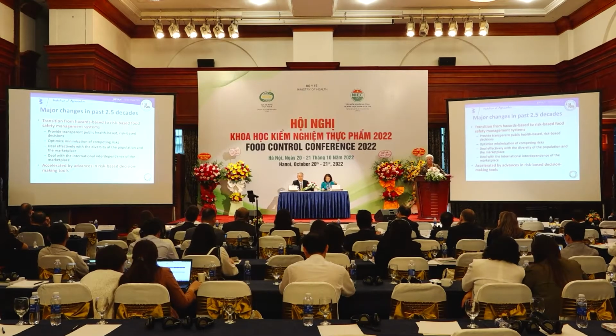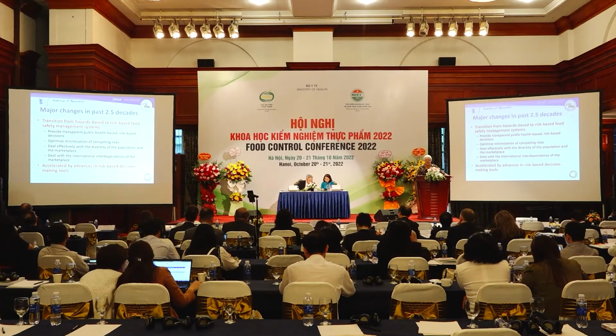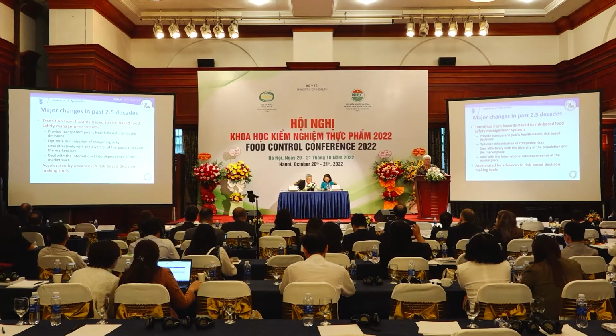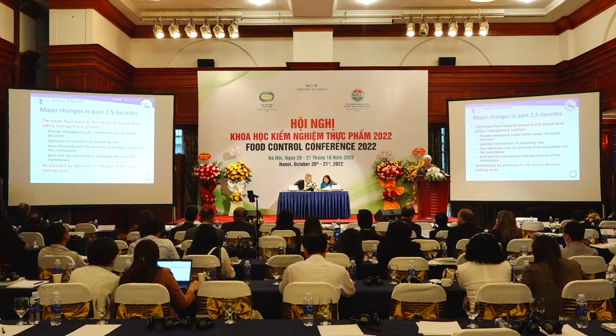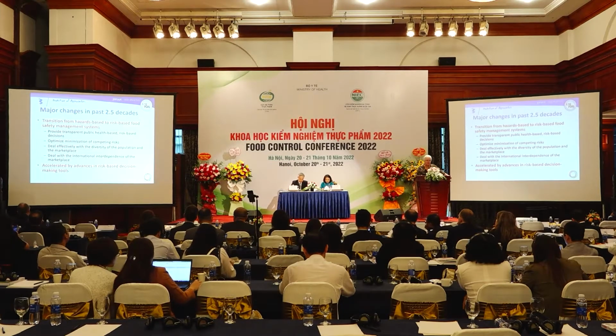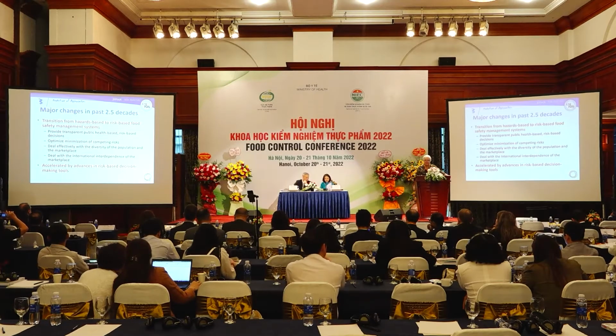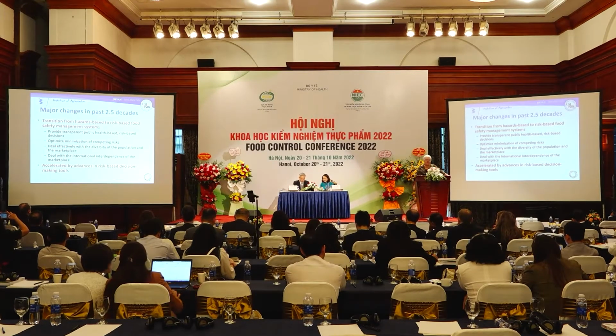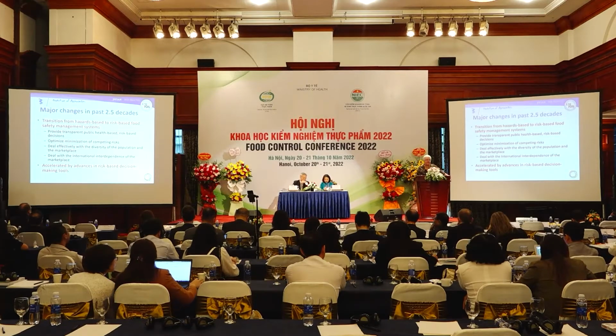So what we see, in these last 2.5 decades, is really a movement from hazard-based approaches towards more risk-based decisions. And it's really trying to aid governments and the private sector to optimize and minimize the different competing risks and deal with the diversity in the population, in the marketplace, and deal with the international interdependence of the marketplace.